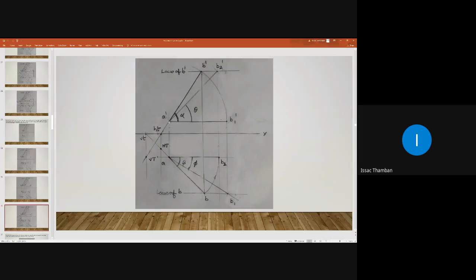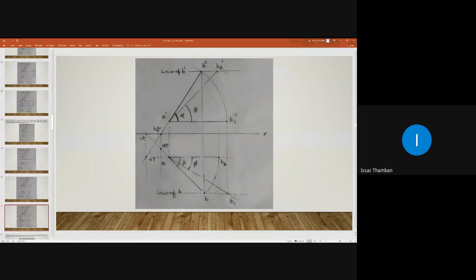This is our elevation line. You extend the elevation line, that is A dash B dash, like this, and intersect this vertical projector line drawn from point small v, and this intersection is our vertical trace VP.